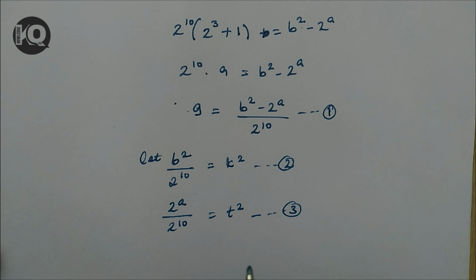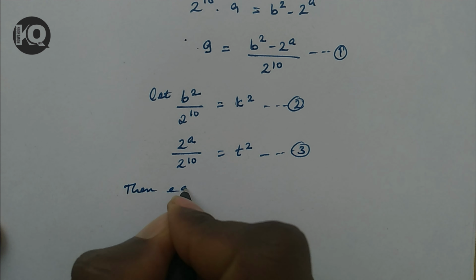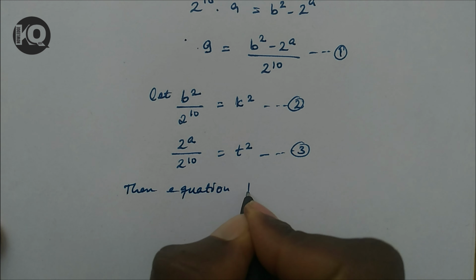Then equation 1 will be 9, which is equal to k square minus t square.